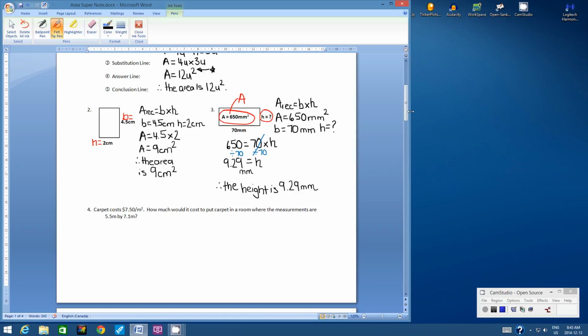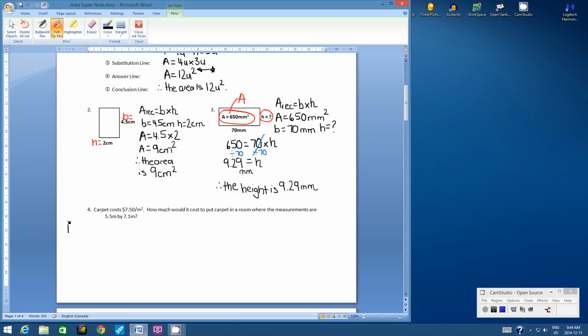Example 4 is a really good opportunity to see how area calculations are used in the real world. So let's read it together. Carpet costs $7.50 per square meter. So what does that mean?